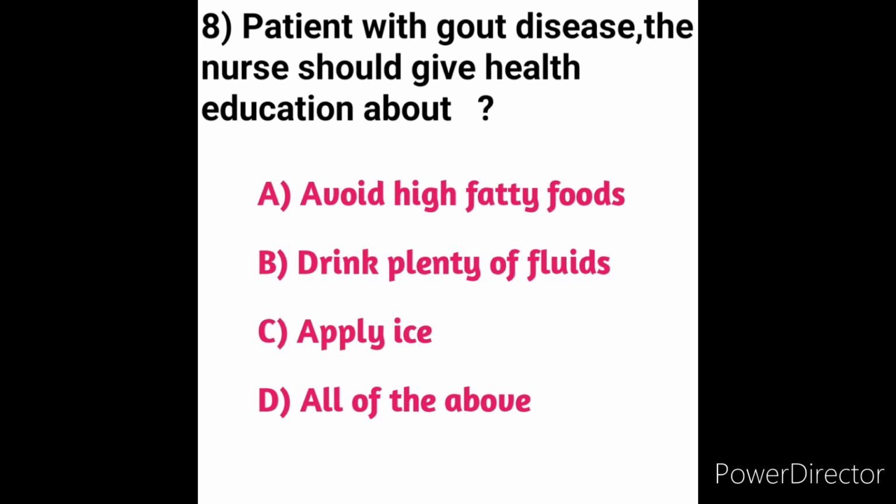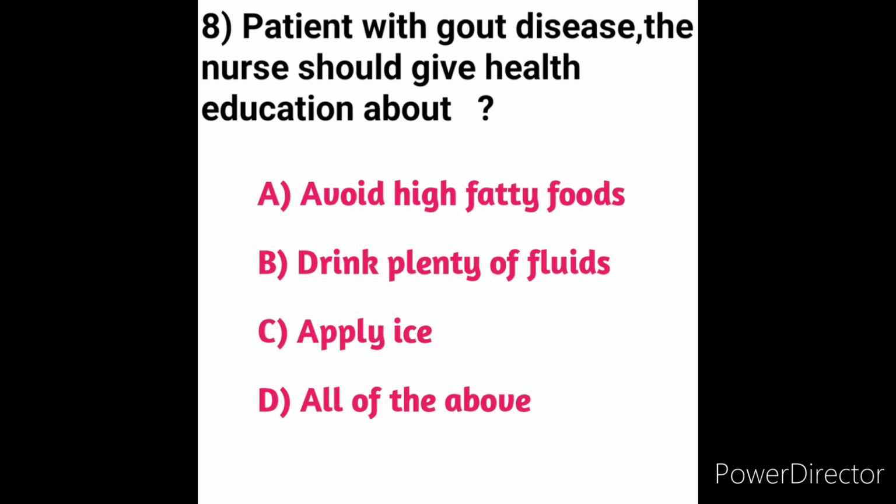What is gout disease? We have to know. Gout disease is also called gouty arthritis. Gout disease is a form of arthritis characterized by severe pain, redness and tenderness in the joints. Pain and inflammation occur when too much uric acid crystallizes and deposits in the joints. The nurse has to give health education about eating more fruits, vegetables and whole grains, which provide complex carbohydrates, and limiting consumption of naturally sweet fruit juices.